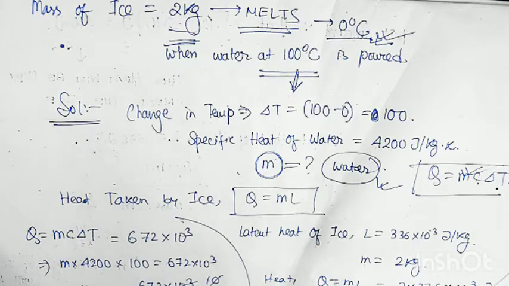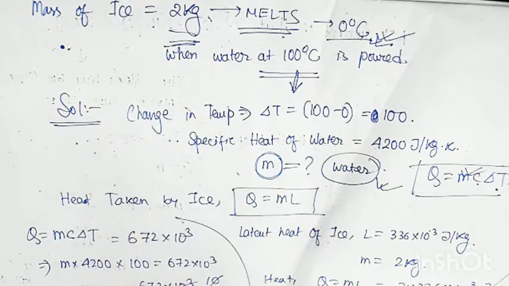So we know how much heat will be taken by 2 kg of ice for melting. We can calculate that, and further we can calculate how much amount of water will be required to give that much amount of heat.